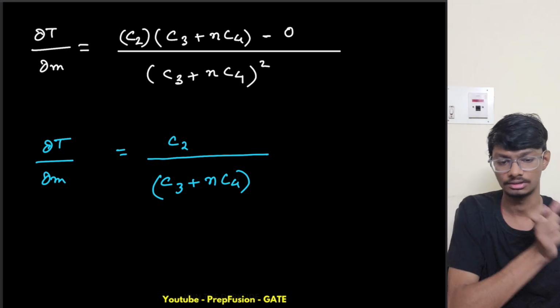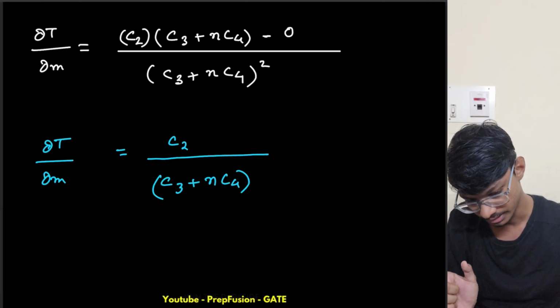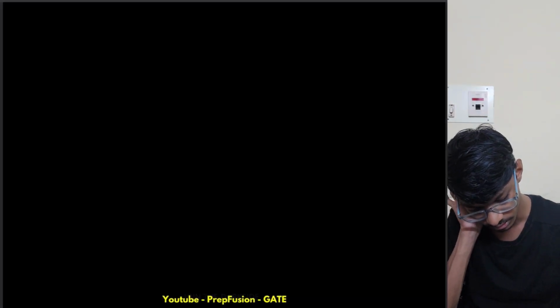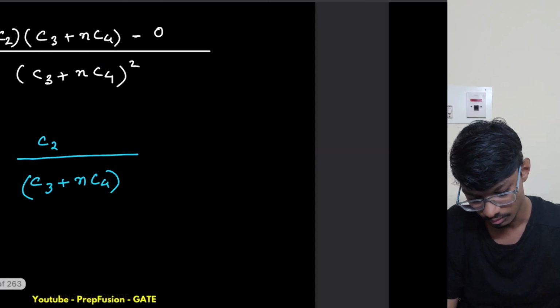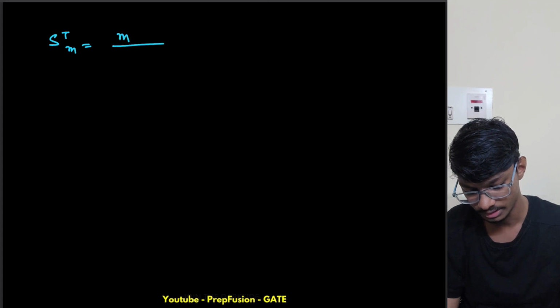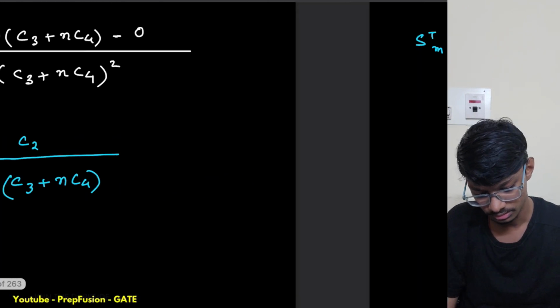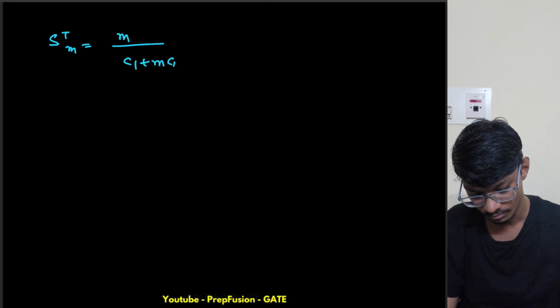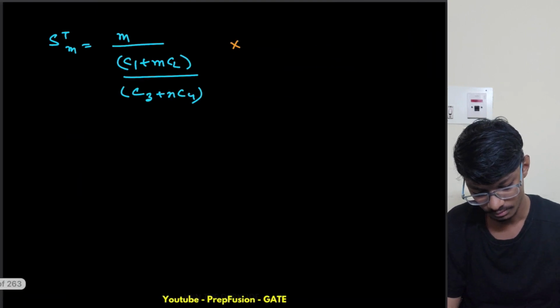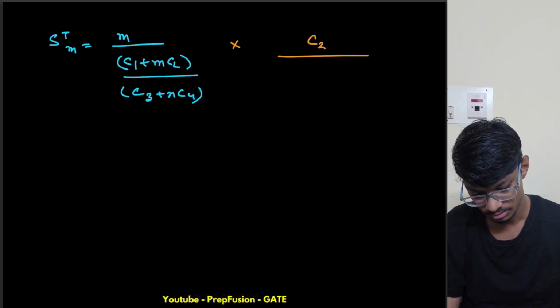Now just put that in the equation. I don't have space, let me take a new page. So now the sensitivity with respect to m will be m by T. What is T? T is c1 plus m c2 divided by c3 plus c4, multiplied by c2 by c3 plus c4.